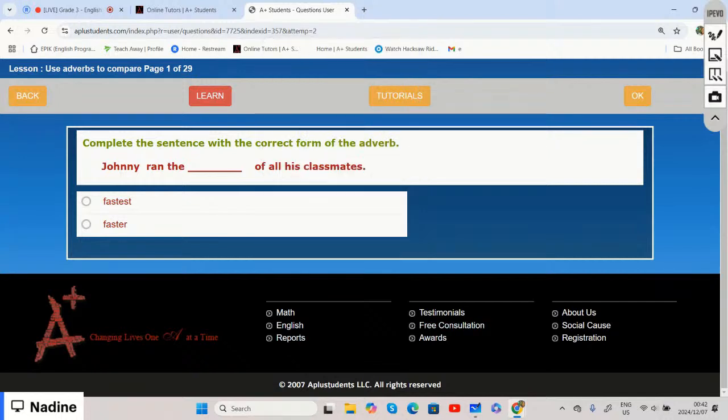All right. And if we compare him to more than two people, then it means that it ends with an EST because that's superlative.